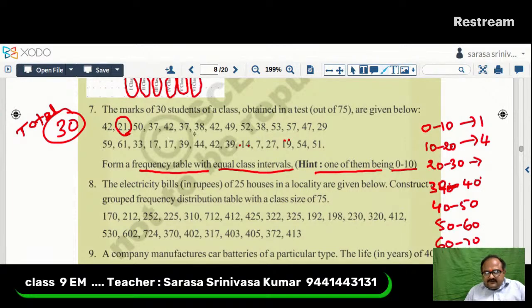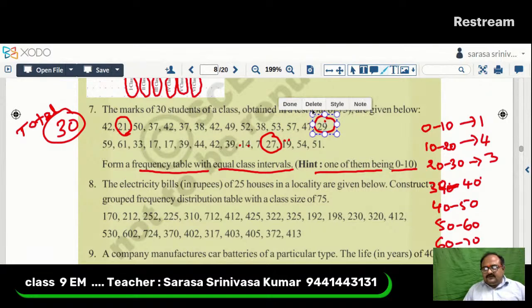Here 21 marks, next 29 marks. Again here we observe 27 marks. So how many students are there in this class interval? 3 students got marks from 20 to 30. So the frequency of this class interval is 3.